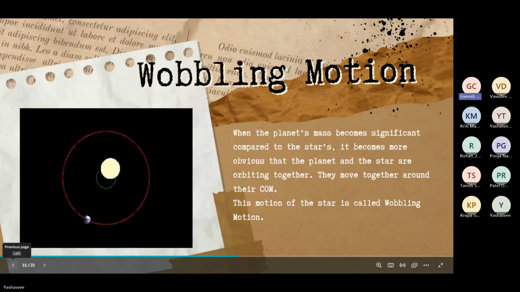So there is something important that we need to know in order to understand this method. That's the wobbling motion of a star whose exoplanet we are trying to detect. When a planet's mass becomes significant as compared to the star's, it becomes more obvious that the planet and the star are orbiting together. They move together around the center of mass, and this motion is called the wobbling motion of the star.